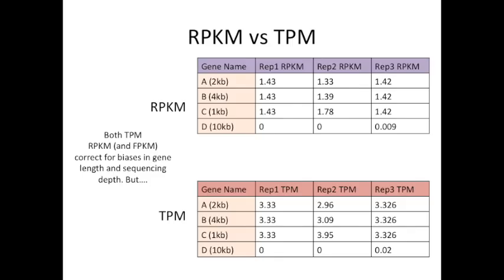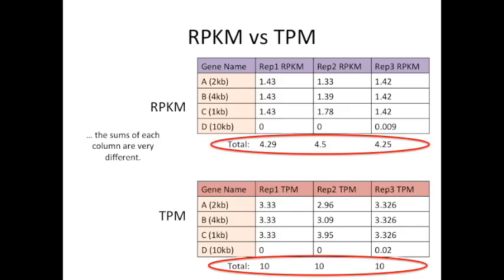Both TPM and RPKM correct for biases in gene length and sequencing depth, but the sums of total normalized reads in each column are very different. In RPKM, we get a different value for each sample. With TPM, we get the same value for each column. Why is this important? I'll show you.